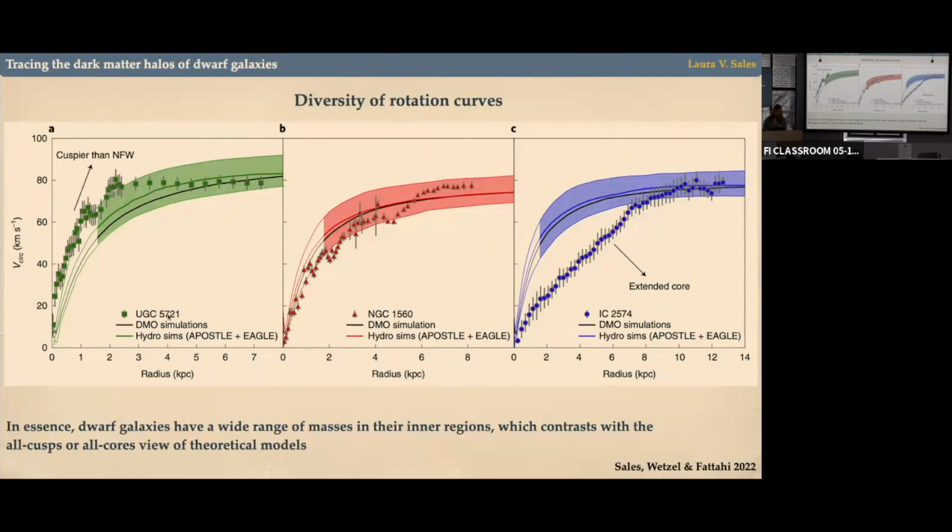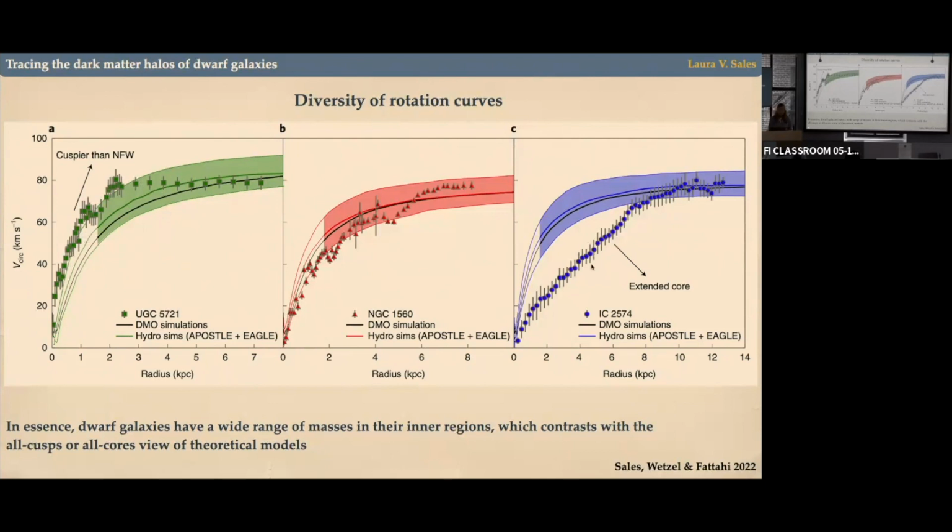And so this particular UGC 5721 would be something that rotates faster than an NFW at small radii, and others track an NFW, all the way to things that have a core, okay?